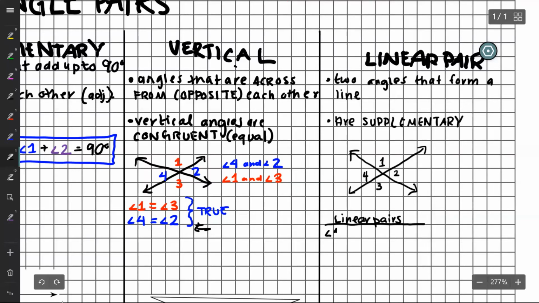So if I start with angle 1, it is a linear pair with angle 2, but angle 1 is also a linear pair with angle 4 because they also form that straight line. And all these equal 180.